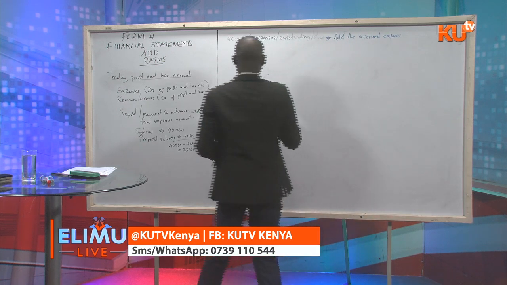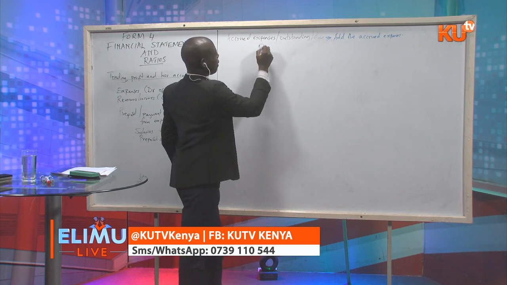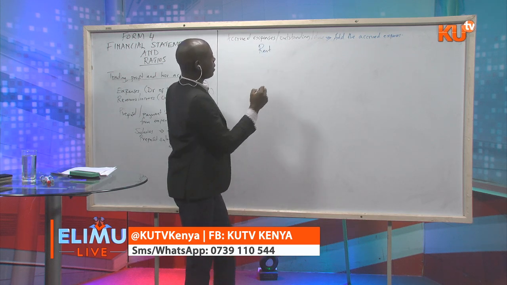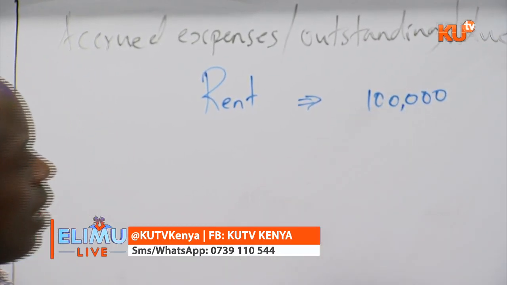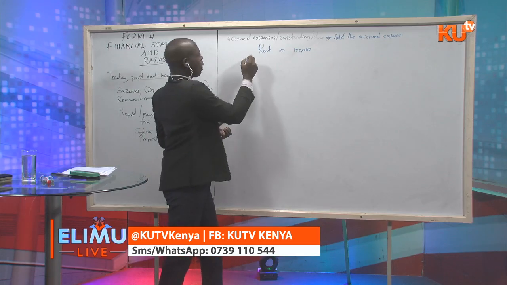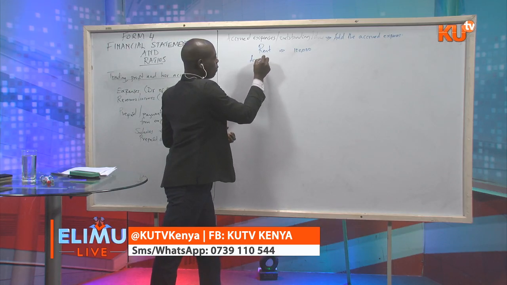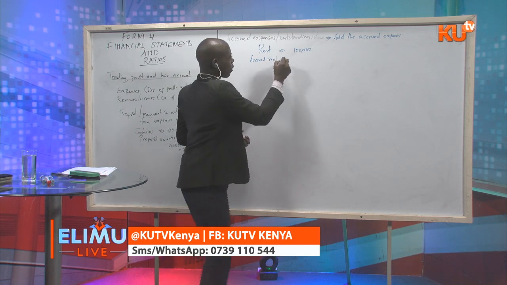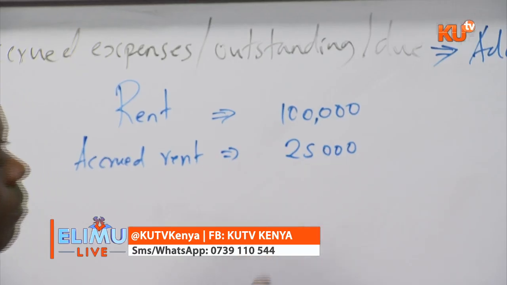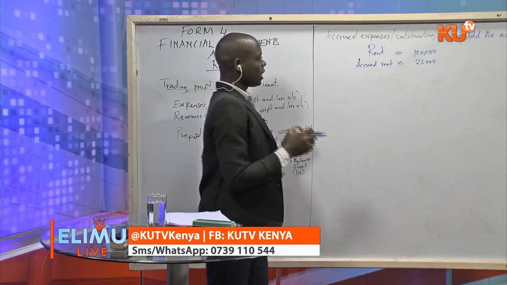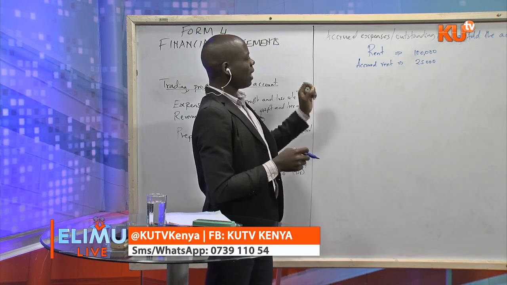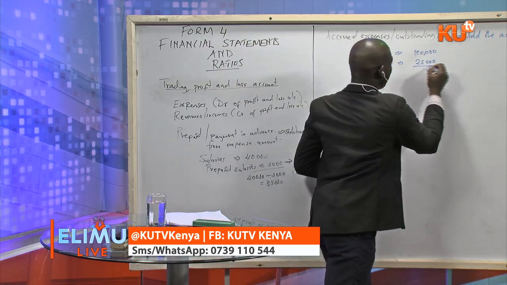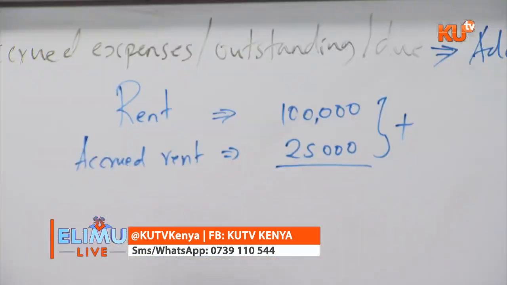In this case, if, for example, a business had a record of rent as an expense amounting to 100,000, and we are told the business had an accrued value for rent of 25,000, then to determine the actual value we record under the rent expense, we add the accrued amount to the rent expense.